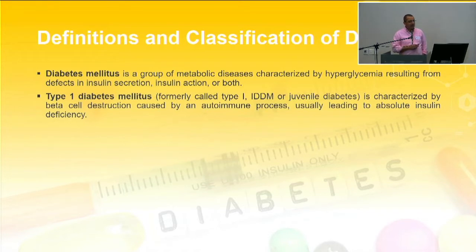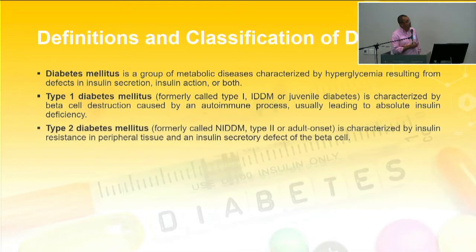Diabetes mellitus is a group of metabolic diseases characterized by hyperglycemia, resulting from either insulin secretion defects, insulin action defects, or both. Type 1 diabetes, formerly known as insulin-dependent diabetes, is characterized by beta cell destruction caused by an autoimmune process, leading to absolute insulin deficiency.